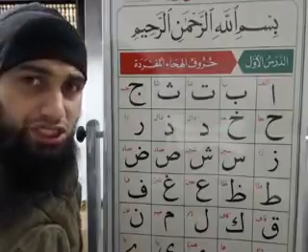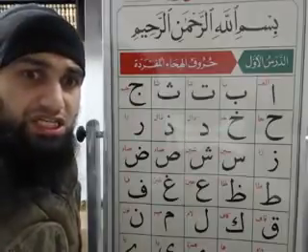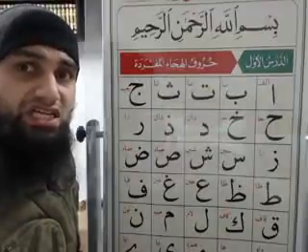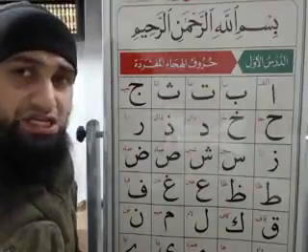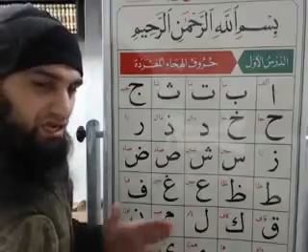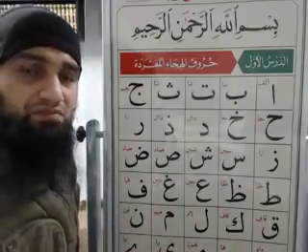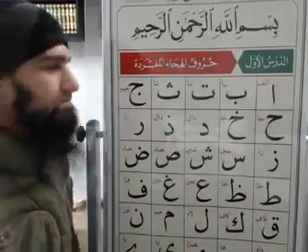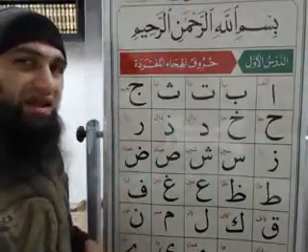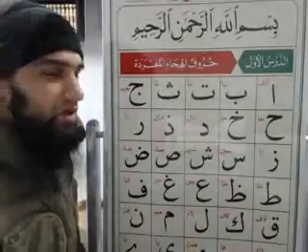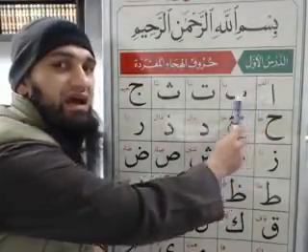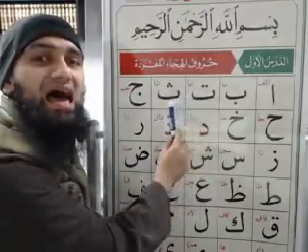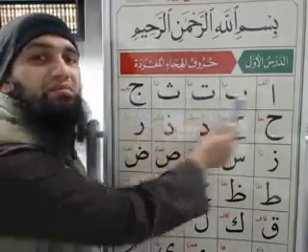Jim, j, that's the sound, right? Jim, don't say Jim, make it long. Jim, and do that meem sound, M sound. Jim. Okay. Alif, ba, ta, fa, jim.